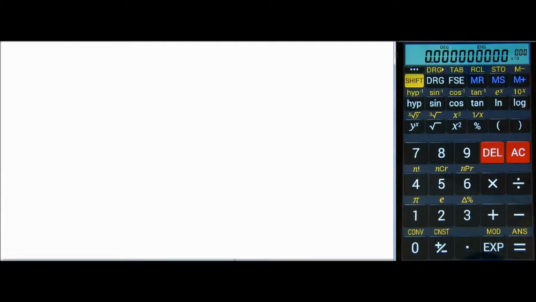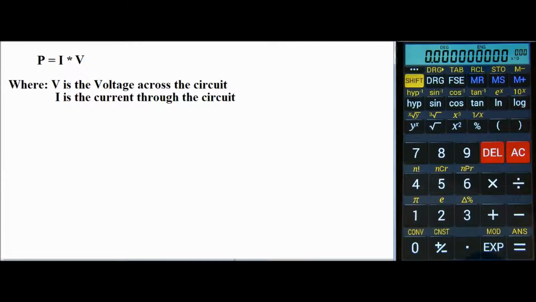Let's go ahead and look at Watt's law. Watt's law states that power is equal to current times the voltage, where V is the voltage across the circuit, I is the current through the circuit, and P is the power consumed by the circuit.